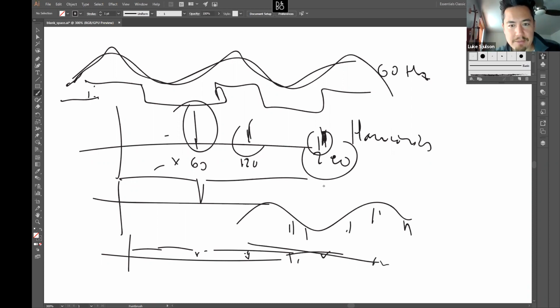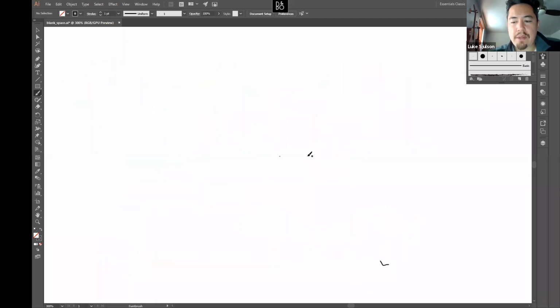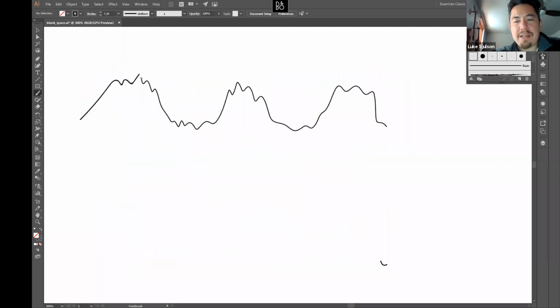The problem comes when you actually want to record the local field potential and the spikes. Imagine that you have hippocampus, where you have gamma on top of theta, and then you have spikes.